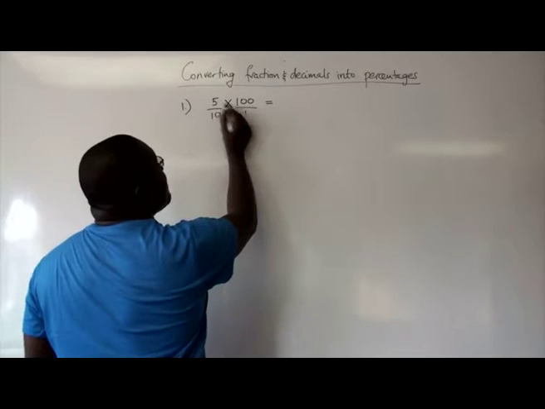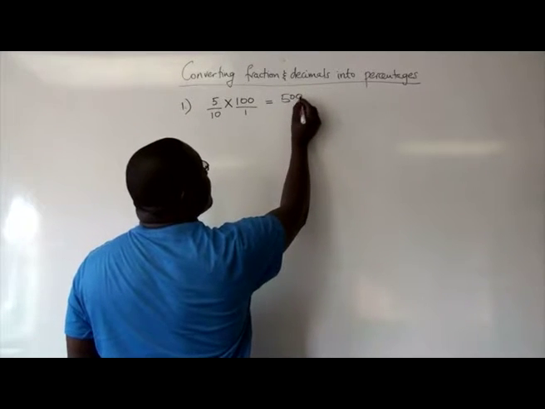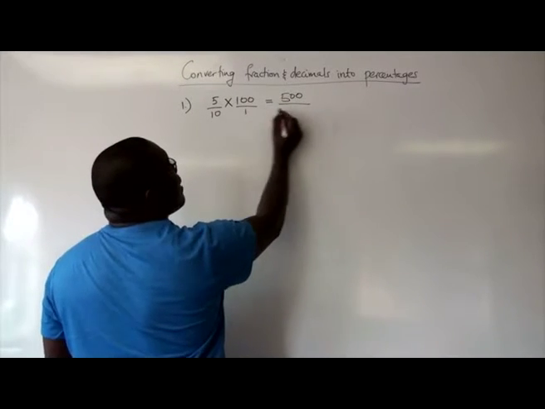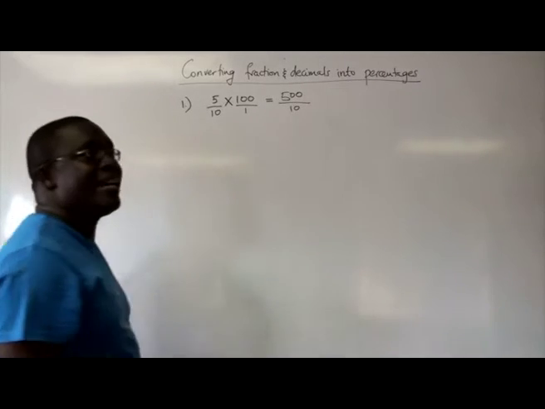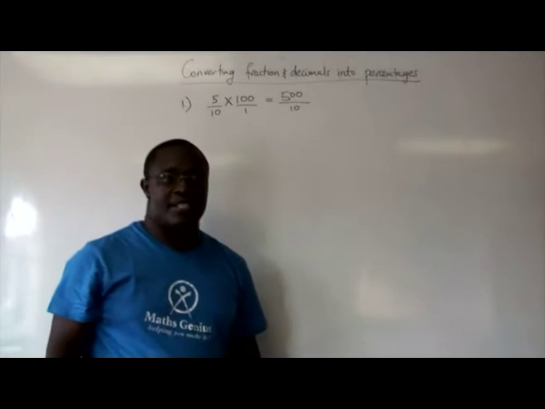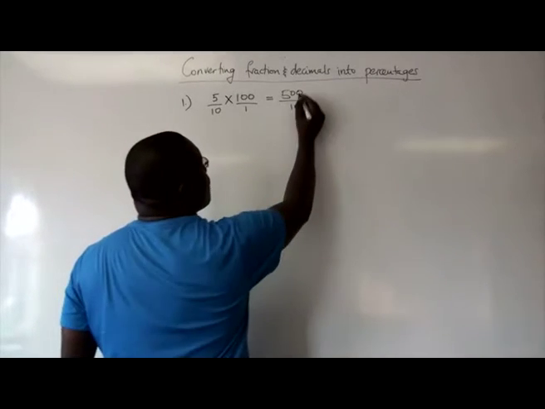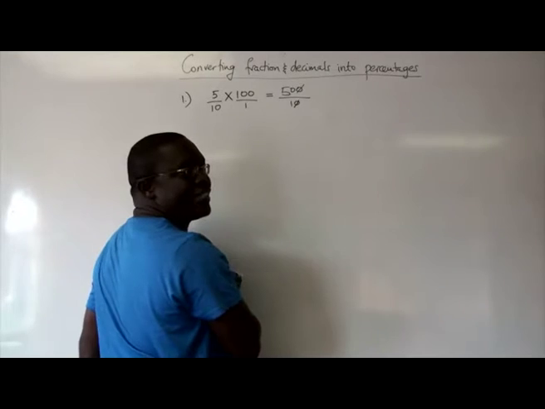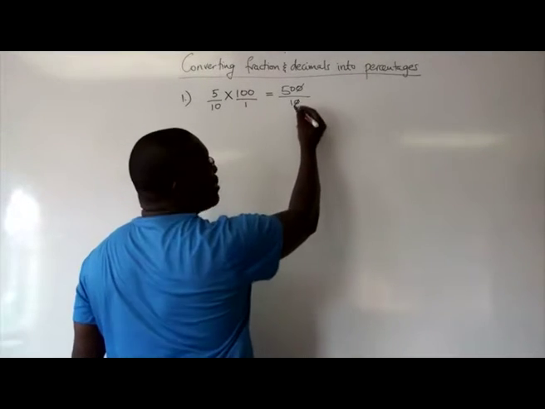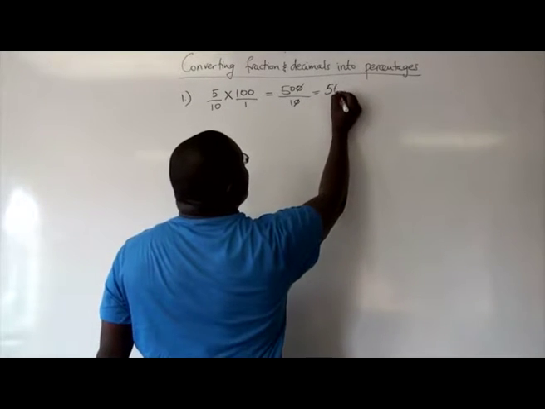So this is 5 times 100, 500, divided by 10 times 1, 10. So we're saying 500 divided by 10, of which now, if we divide by 10, it's just a matter of cancelling 1 0 in the numerator and denominator, and you have 50%.